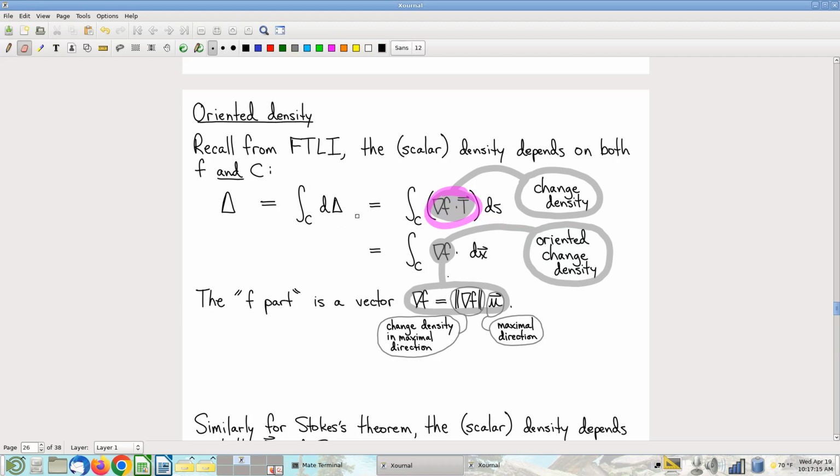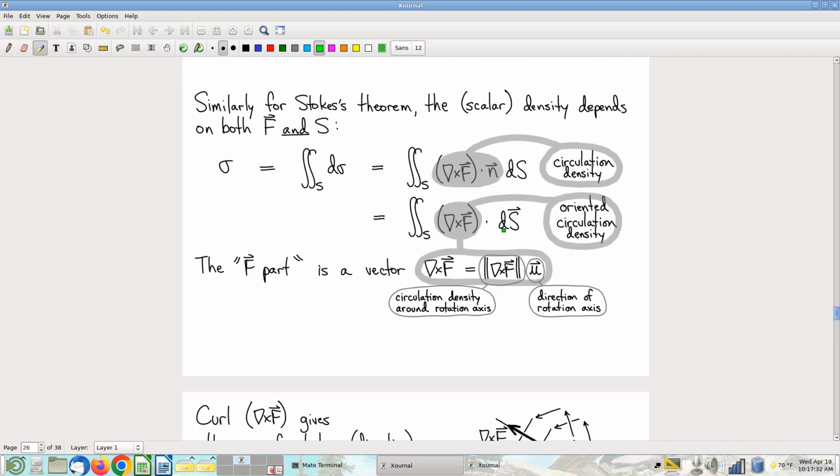Think of this now as an oriented density that you multiply by an oriented size, if you will, to get the quantity. Anyway, we're going to do the same thing we did last time already. Let me do it again.